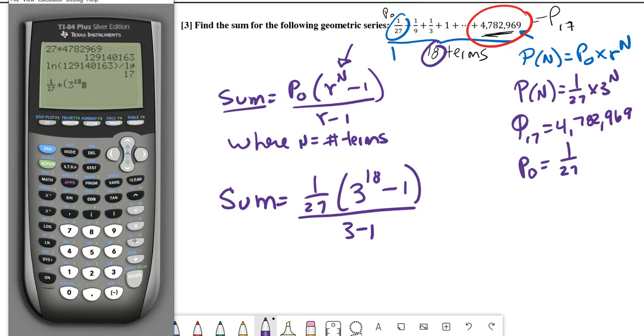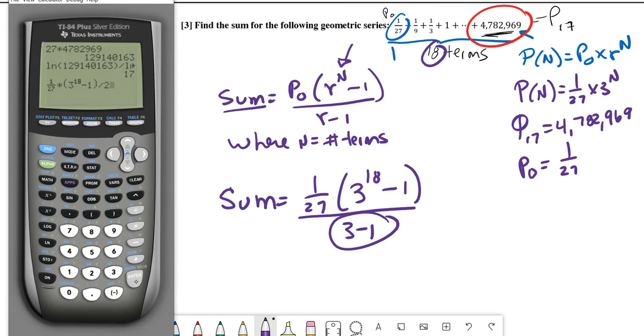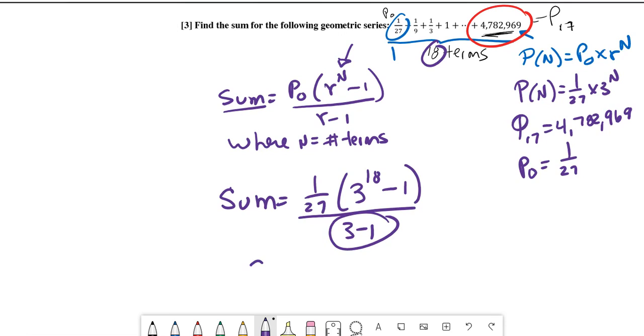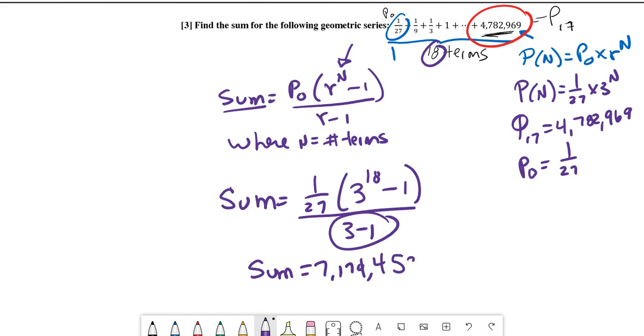Get out of the exponent, then minus 1, close the parenthesis, then divide by 3 minus 1 is 2, so we're going to divide by 2, hit enter, and our sum is 7,174,453.48.